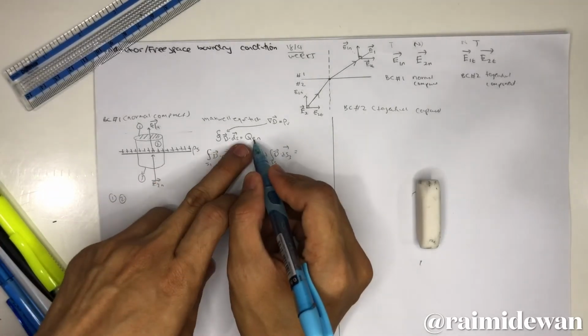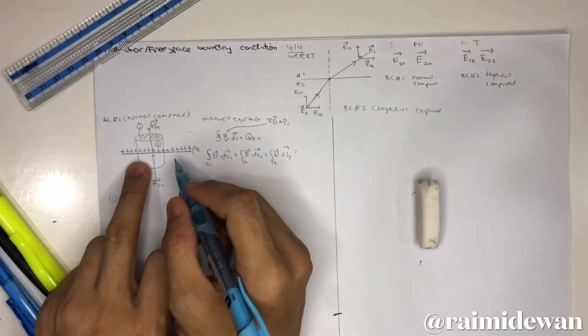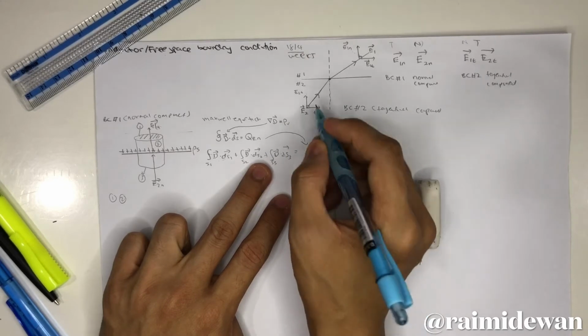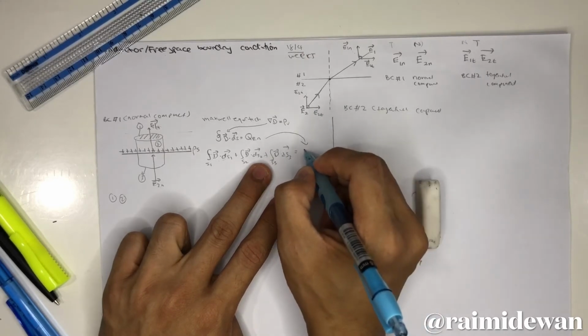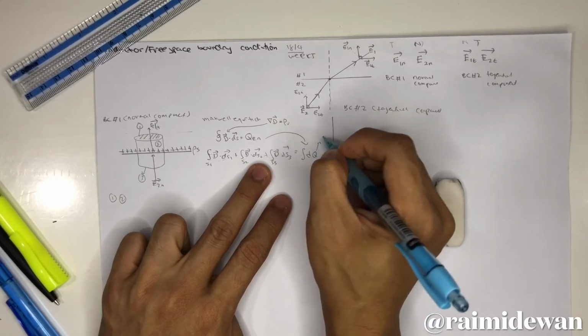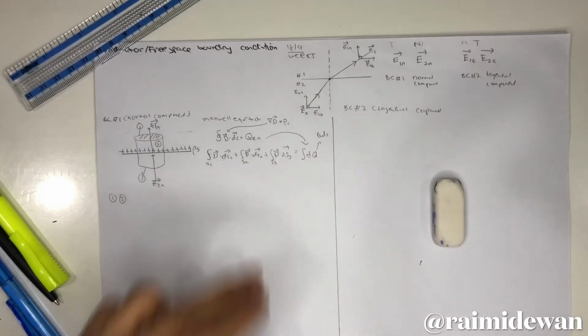And you see this is Q enclosed. Q enclosed, you see this is all about surface, right? So this one can be your rho s dS.